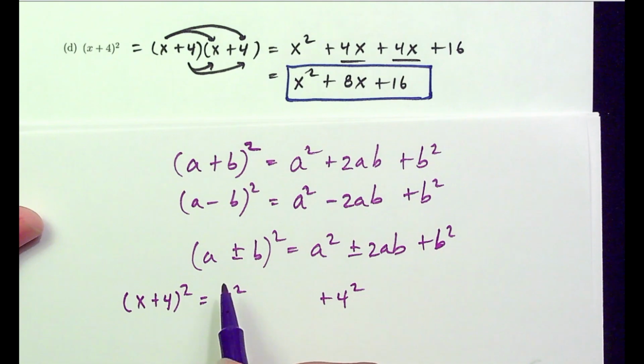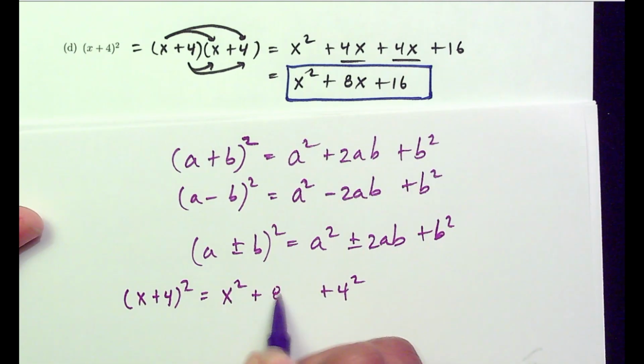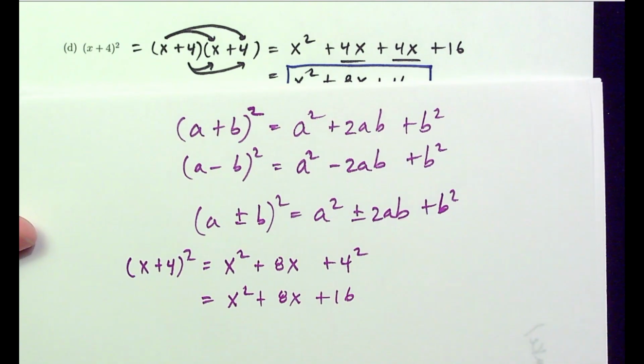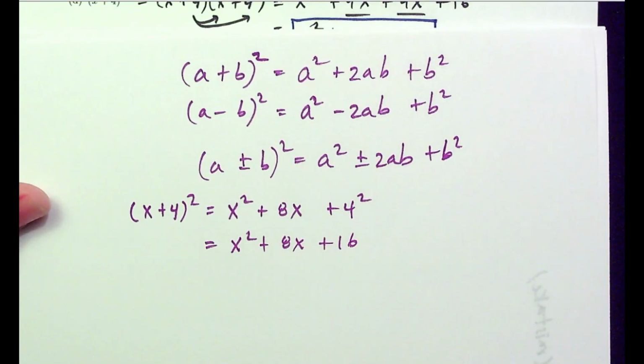So 4x times 2 is 8x. And that's it. We'll now write 16 instead of 4 squared. And that's all. Really simple.